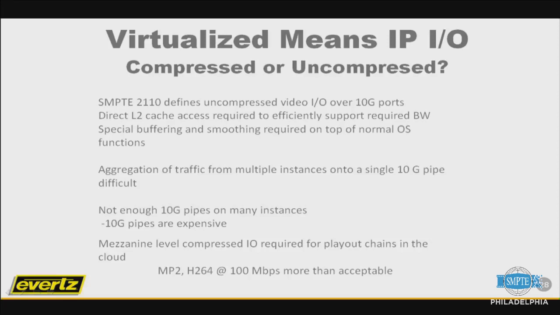And as I said before, when a whole bunch of streams are trying to go through one port, if you've got more than one host accessing a 10G port, you could easily overwhelm that port, especially when you consider external key and fill and program and preset video all being active at one time. That's one host demanding 6 gigabits of data.